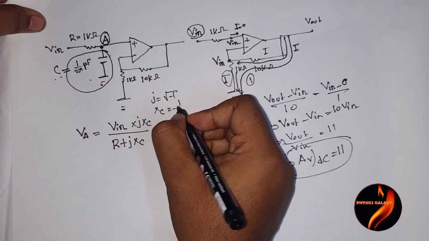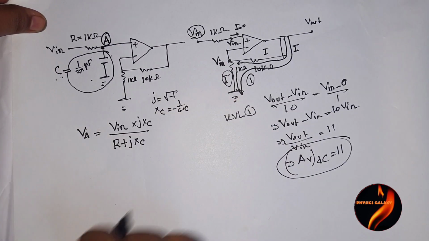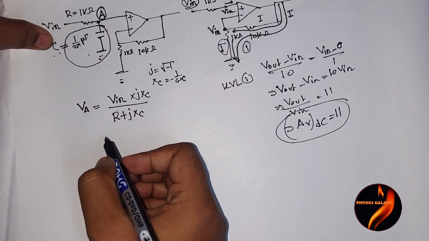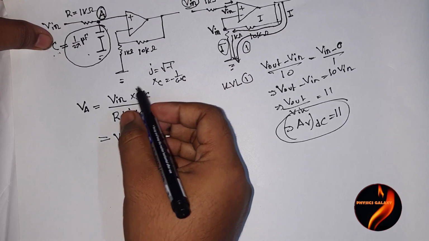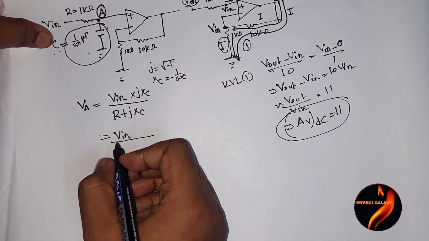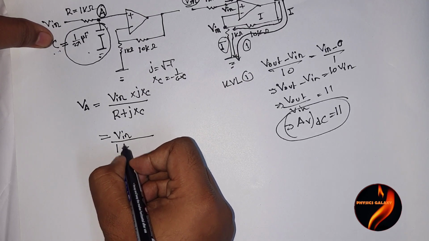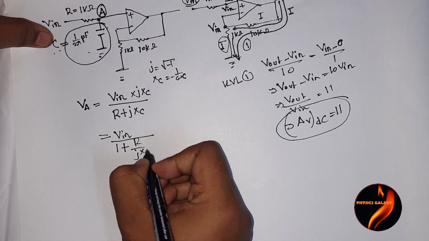So this impedance is minus 1 by omega C. If we simplify this relation, if we divide this relation by jXC, this will give me this result.